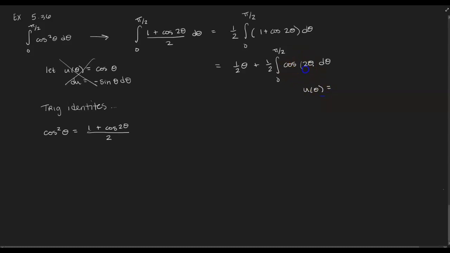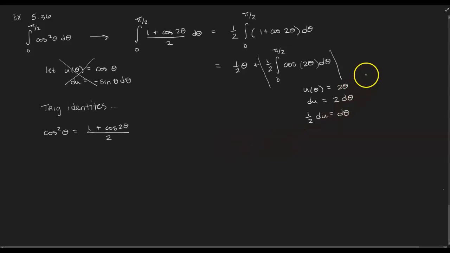So cosine of 2 theta. The 2 theta is that inside function. So we'll let u be equal to 2 theta, then du would be 2 d theta. Now, I don't have a 2 d theta in that integral that we're using a u substitution on, so I'll divide the 2 off. I do have a d theta, so I can replace d theta with 1/2 du.